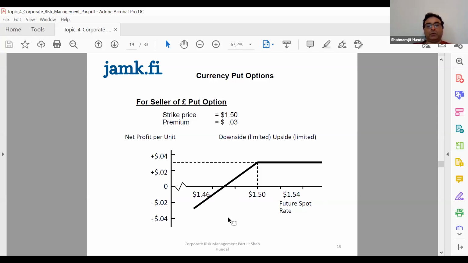You can sell a pound for 1.46, whereas you have the right to sell the pound for 1.50 to the bank. What would you do?